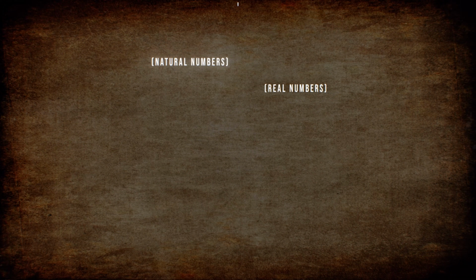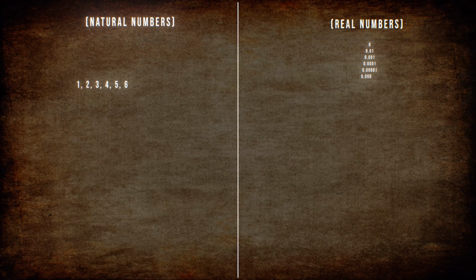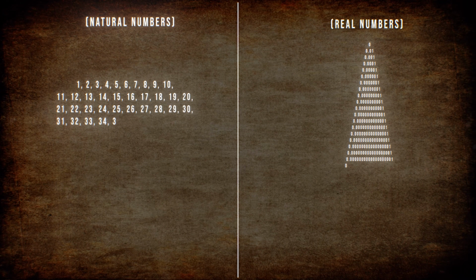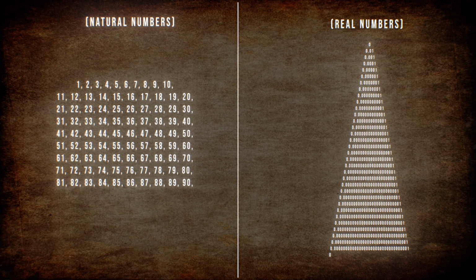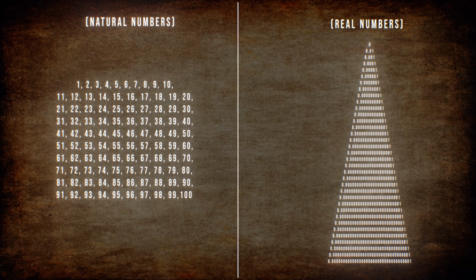Through a groundbreaking approach, Cantor showed that there are far more real numbers than natural numbers, even though both sets are infinite. In other words, some infinities are, in a very real sense, bigger than others.